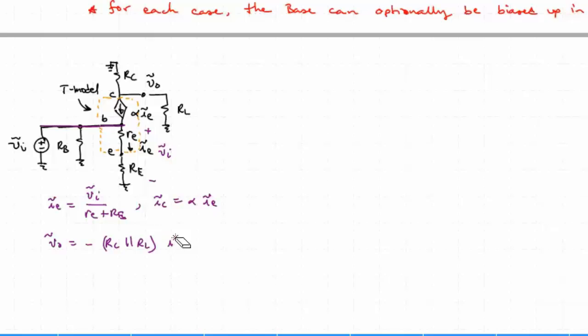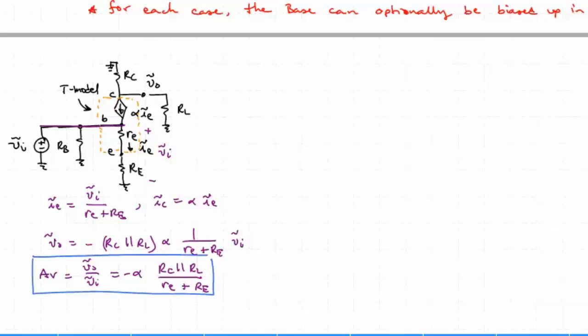But IC is alpha IE, and IE is 1 over little re plus big RE times VI. So we can rewrite this as AV, which is VO over VI, small signal, is equal to minus alpha RC in parallel with RL divided by little re plus big RE.